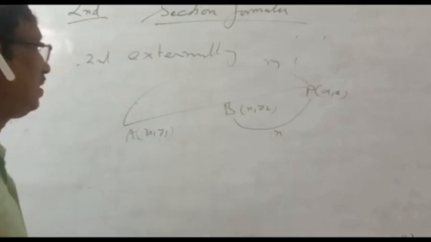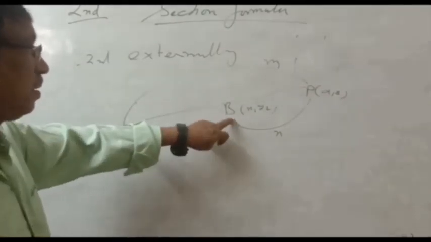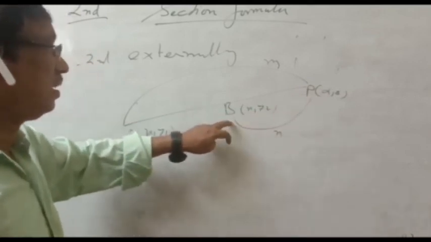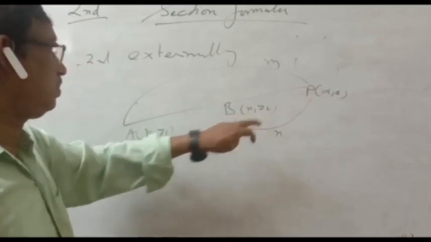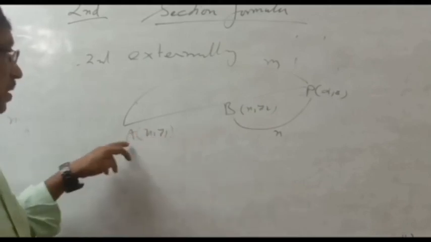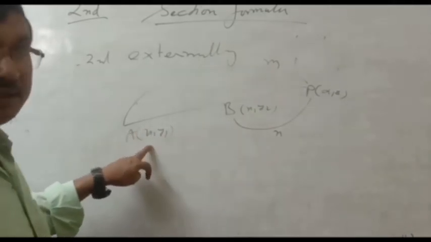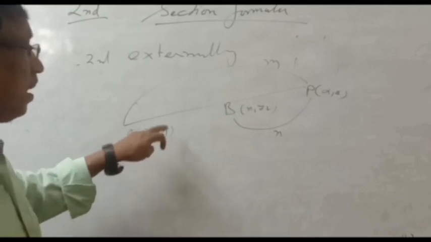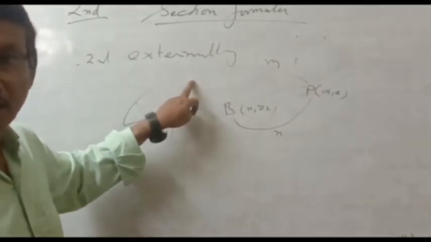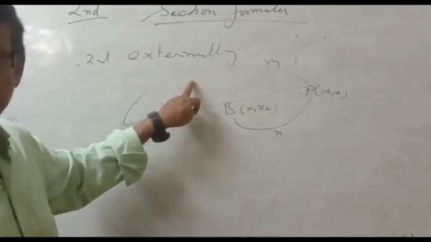We have to remember this. The nearest point of the section to P is x2 y2, and the distant point is x1 y1; the nearest section is n and the distant section is m.